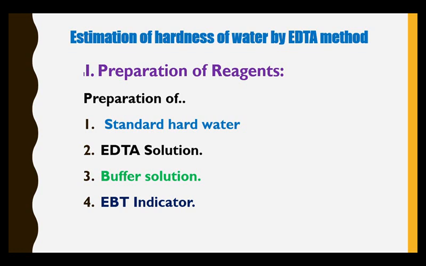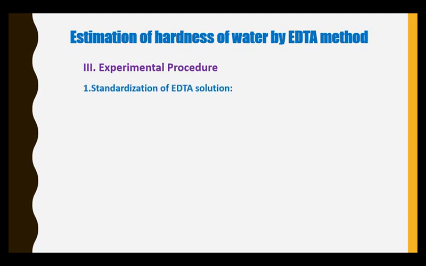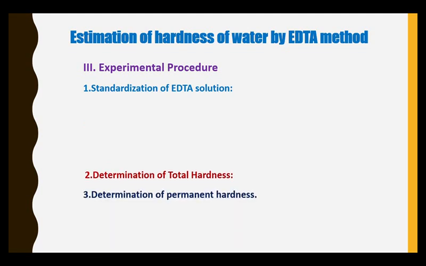I don't want to spend much time on this preparation of the reagents. The next part is the experimental procedure. The experimental procedure involves standardization of EDTA, determination of total hardness, determination of permanent hardness and determination of temporary hardness.